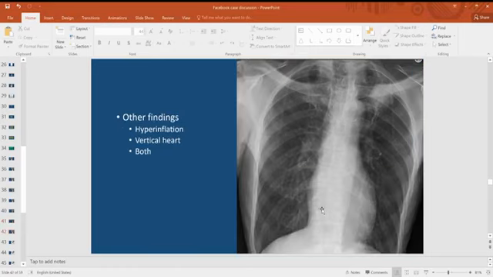The next question: what are the other findings the patient has?